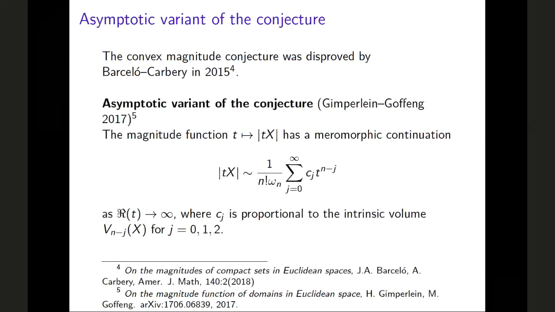They suggested that the magnitude function has a meromorphic continuation, in the limit as the real part of t goes to infinity, and this coefficient Cj is proportional to the intrinsic volume, at least for these values. So we would still have some relationship between the magnitude and these intrinsic volumes. As far as I know, this is the state of the art for this conjecture.